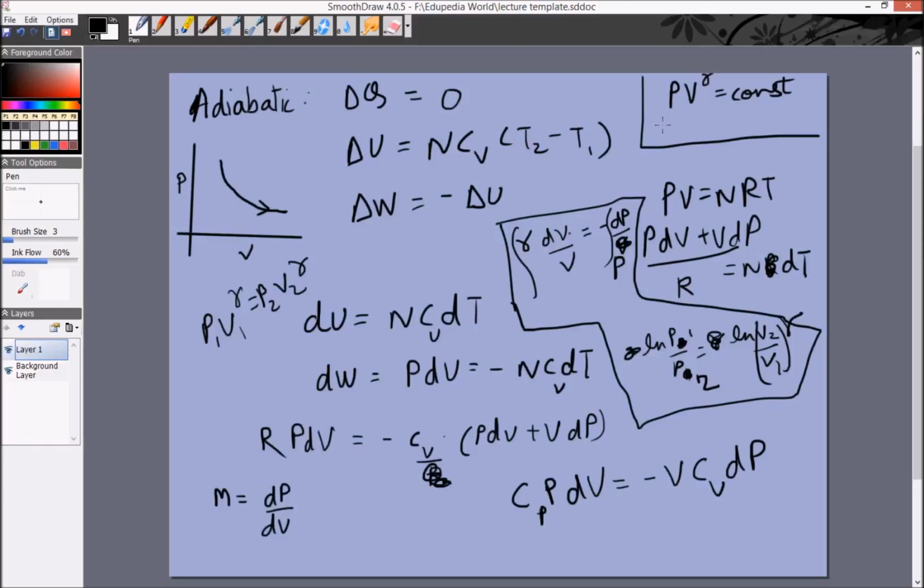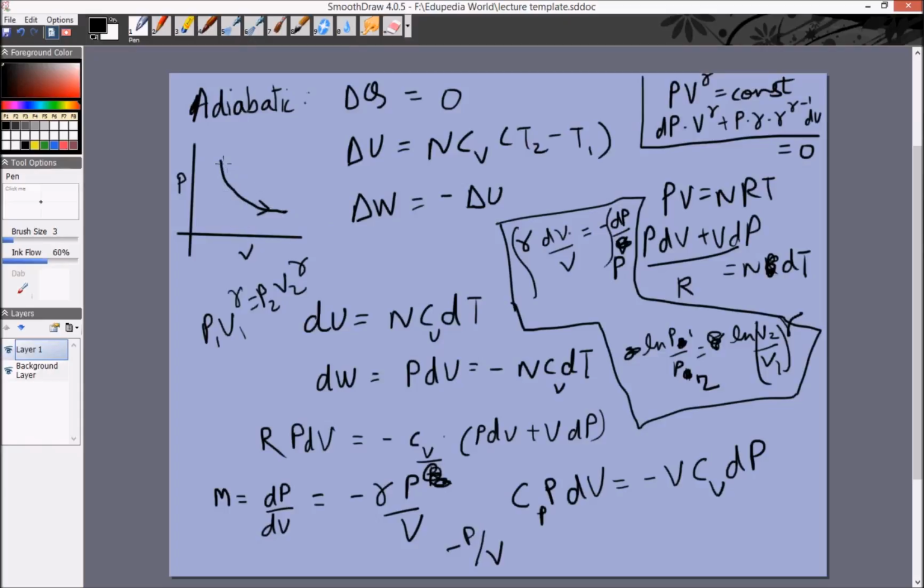If PV to the power gamma is constant, that means dP times V to the power gamma plus P times gamma times V to the power gamma minus 1 dV is 0, right? If you calculate dP by dV from this, what you'll get is minus gamma P by V. Whereas if gamma was 1, that means PV is equal to constant, it would have been minus P by V. So the difference between the two is the adiabatic is steeper, it has a greater magnitude of slope.